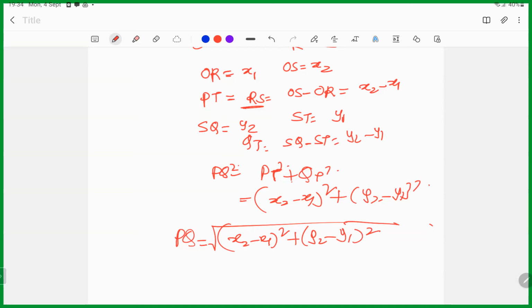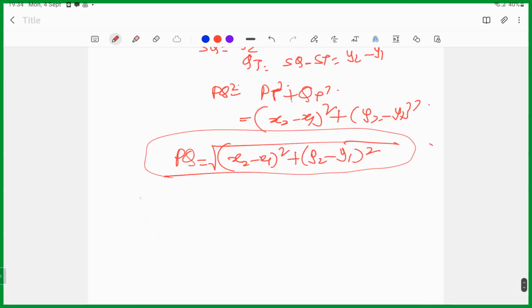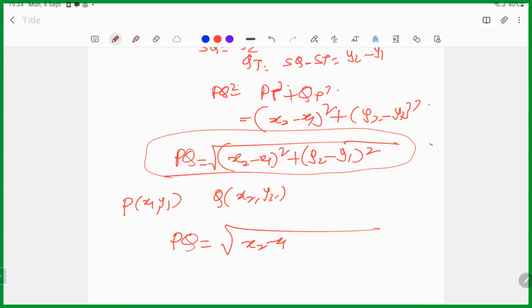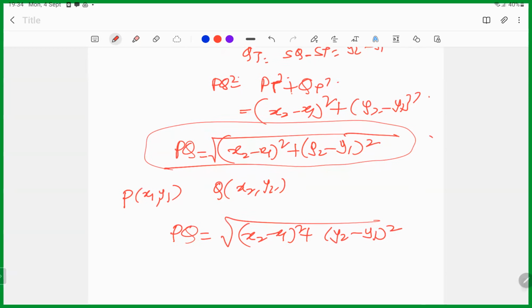This is the distance formula. This is a general formula, whatever the coordinates x1, x2, y1, y2 are, whichever quadrants they lie in. So if point P is (x1, y1) and Q is (x2, y2), then the distance between the two points PQ is given by this. This is called the distance formula.